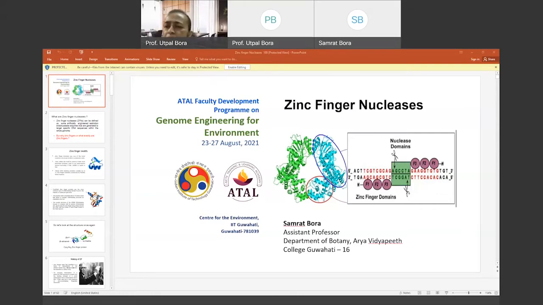So the zinc finger array wraps around the DNA with the alpha helix of each finger buried in the major groove.